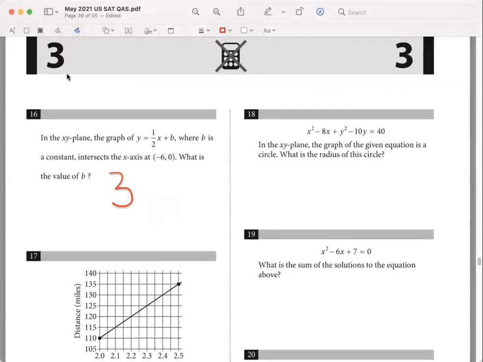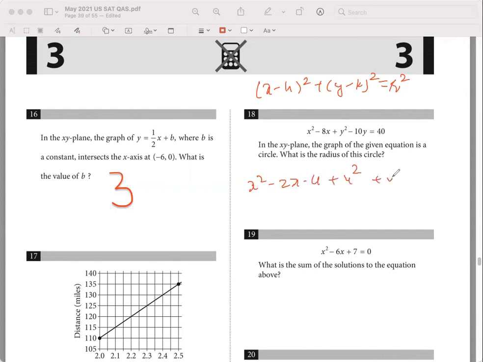Okay, number 18. In the xy plane, the graph of the given equation is a circle. What is the radius of the circle? So we know that the standard equation is (x minus h) whole squared plus (y minus k) whole squared is r squared. So we'll convert that. x squared minus 2x into 4, so I add the square of 4. And y squared minus 2y into 5, so I add the square of 5.